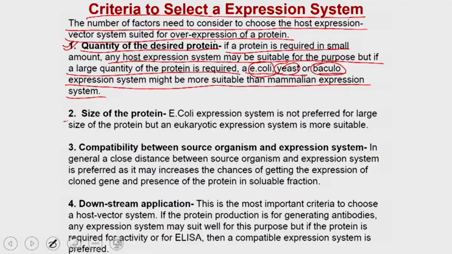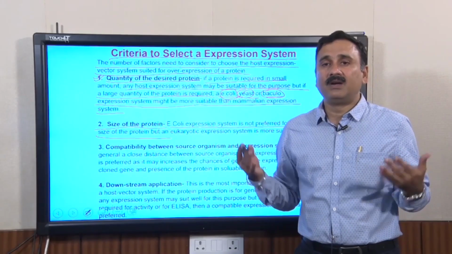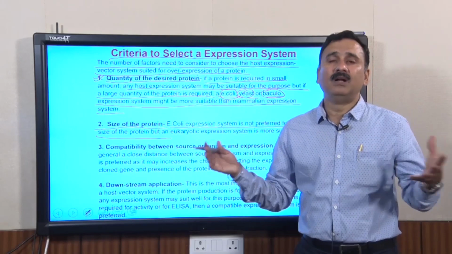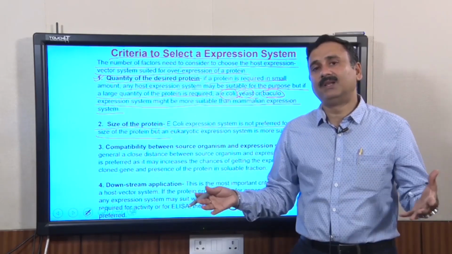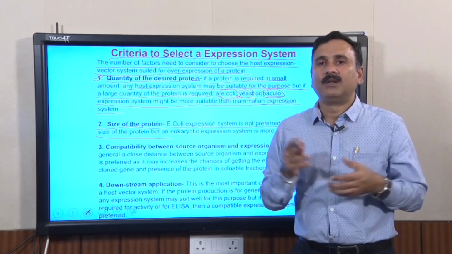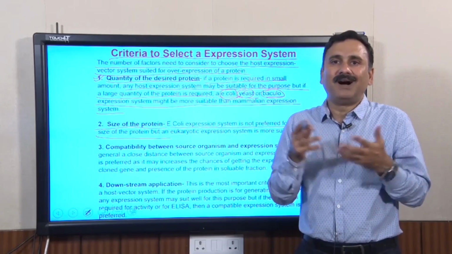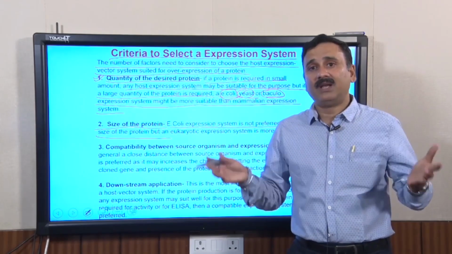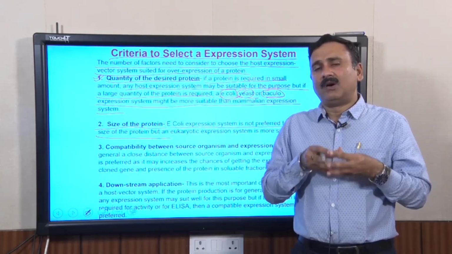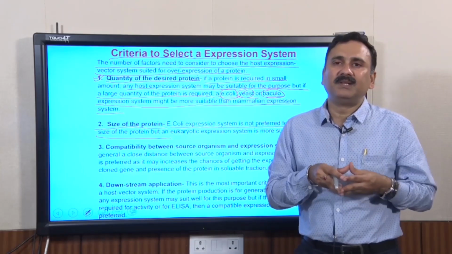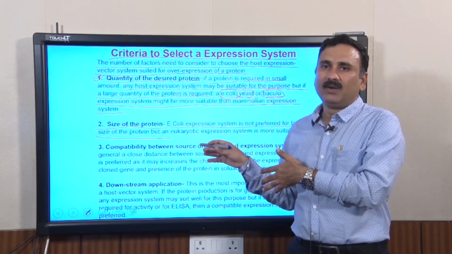Now, the second is the size of the protein. The E. coli or prokaryotic expression system is not preferred if the size of the protein is very large. For example, if you are interested in overexpressing a protein of 300 or 500 kilodaltons, such as multimeric protein complexes, for example the pyruvate dehydrogenase complex, which is a multimeric multi-enzyme complex, these complexes will not overexpress optimally in the E. coli expression system.